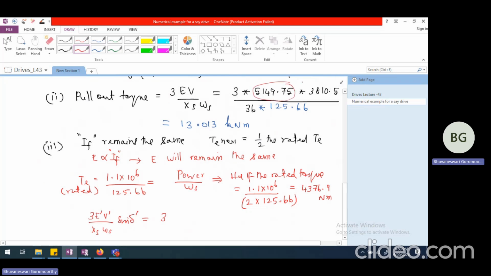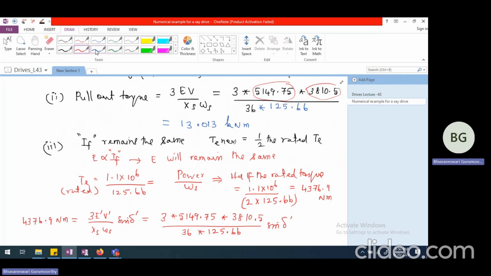And V also we calculated, 3810.5. So 3 times 5149.75 multiplied by 3810.5 divided by 36, and omega S is 125.66, sine delta dash. This is going to be equal to half the rated torque, which is 4376.9 Newton meter, from which we should be able to calculate delta dash.